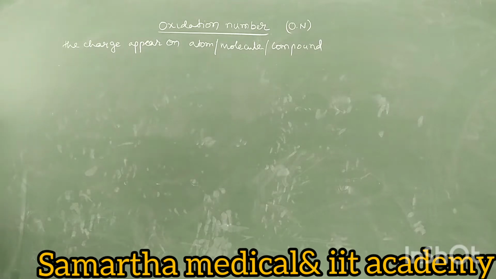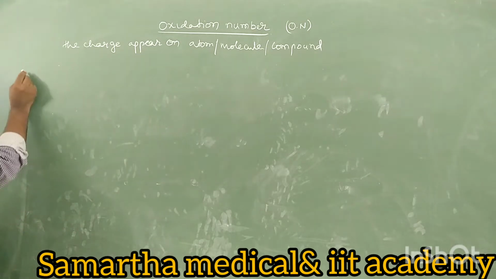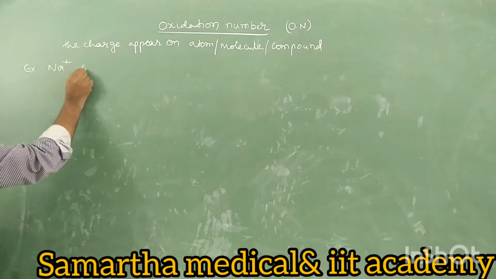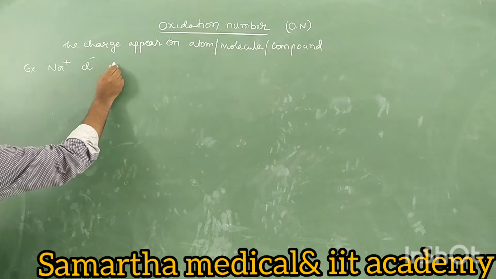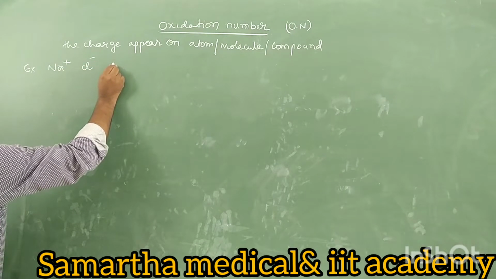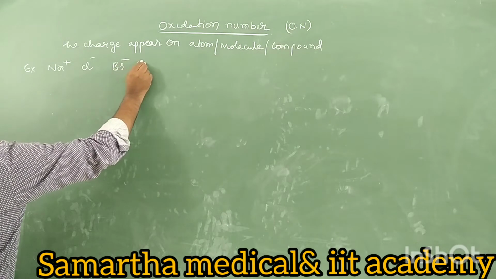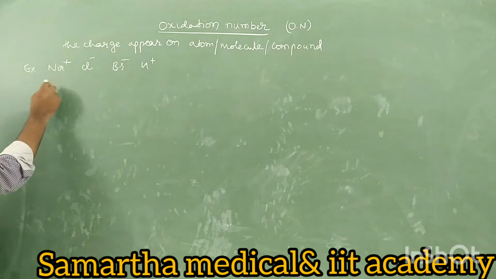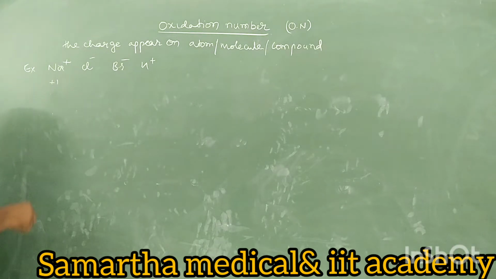Okay, then how to identify or calculate oxidation number. For example, if I write Na plus, Cl minus or Br minus, H plus, can you tell me what is the oxidation number of Na plus? It is plus 1.